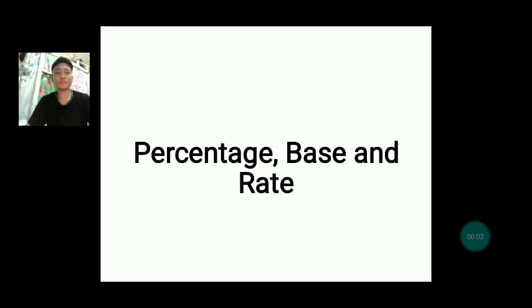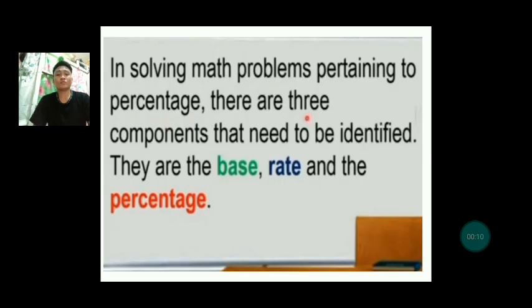So hi everyone, let's proceed to Lesson 2, percentage, base, and rate. In solving math problems pertaining to percentage, there are 3 components that need to be identified. They are the base, rate, and the percentage.